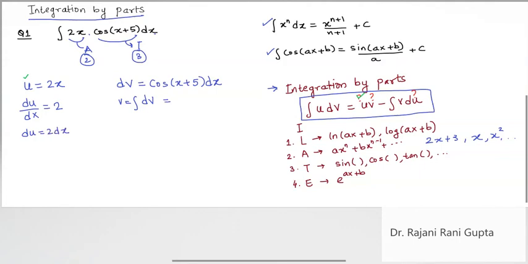And here when we integrate cosine(x plus 5) dx, by using this rule, this gives us the value of v as sine(x plus 5) divided by 1, because the coefficient of x is 1, so no need to write it. Here we will not add the constant of integration at this stage, because these values we are going to substitute in this rule, which needs further integration.